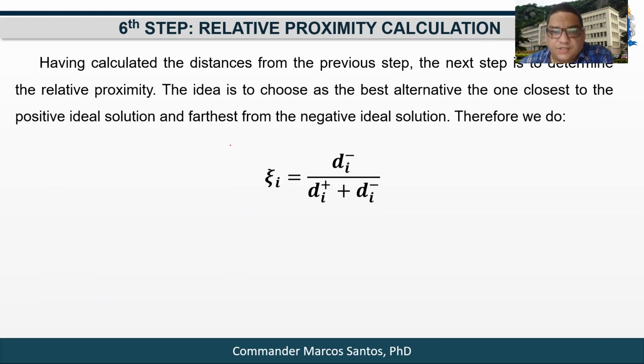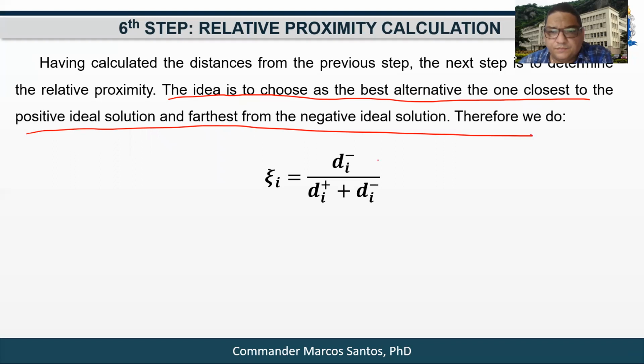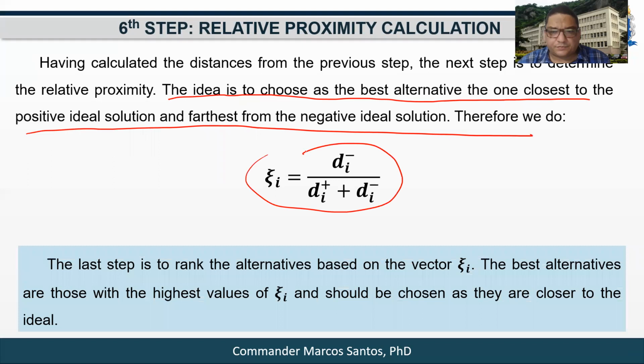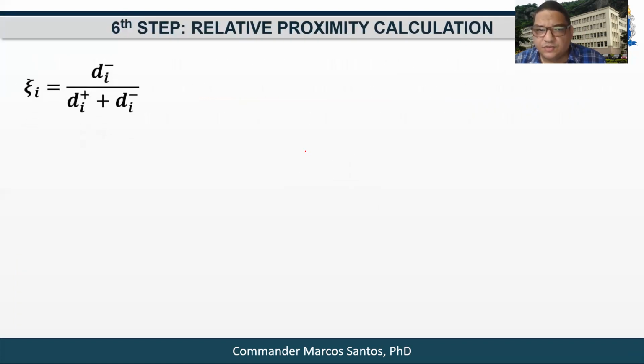So this is the main idea about the method here. So let's calculate. The last step is to rank the alternatives based on the vector C. The best alternatives are those with the highest values of C and should be chosen as they are close to the ideal.